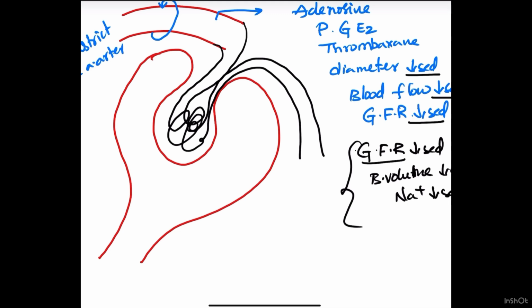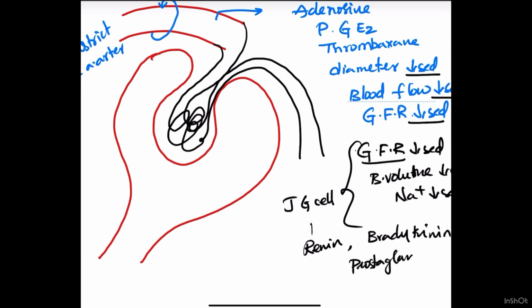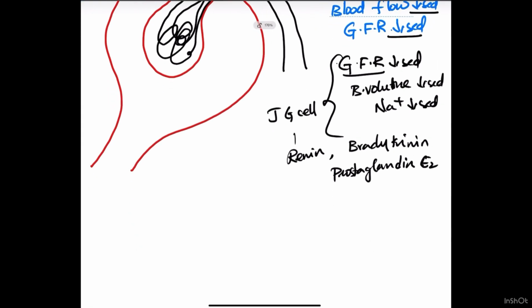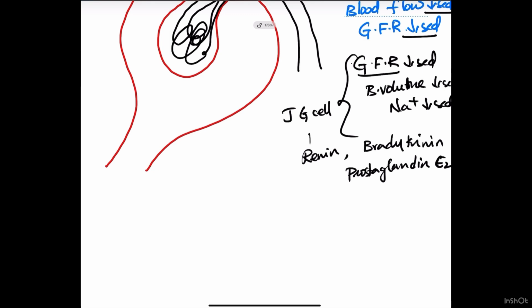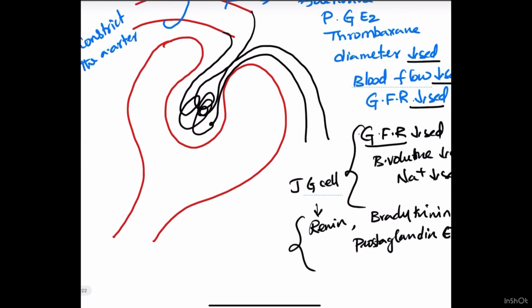All those factors will make the JG cells release renin. Not only renin, but also bradykinin and prostaglandin E2. Prostaglandin actually acts on the smooth muscle. When these are all produced, what happens here?